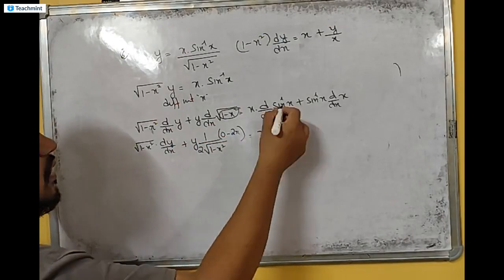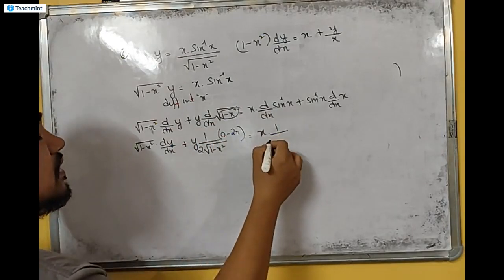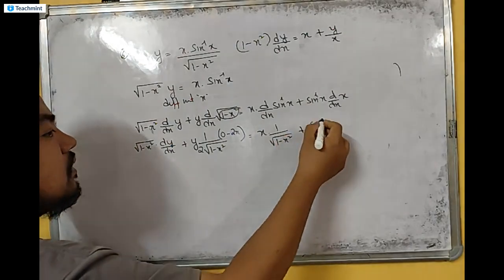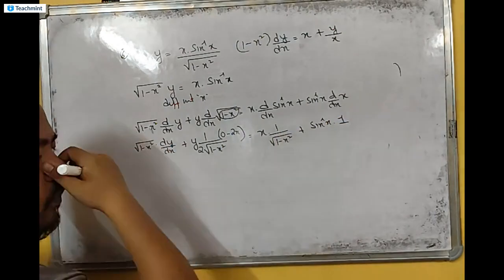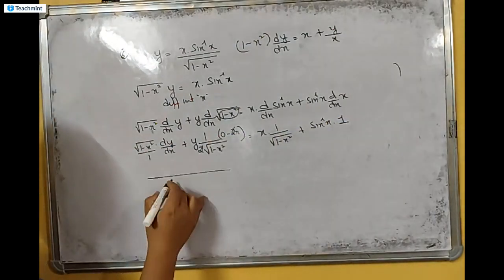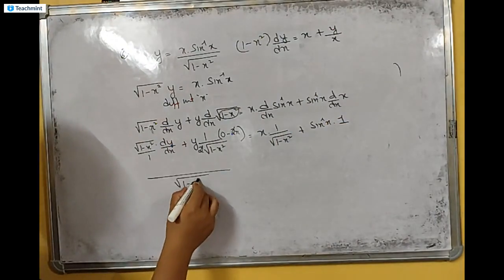Do the same thing this side. Derivative of sine inverse x is 1 by root 1 minus x square. Sine inverse x as it is, derivative of x is 1. 2 and 2 get cancelled. What is the combined LCM? It's root 1 minus x square.